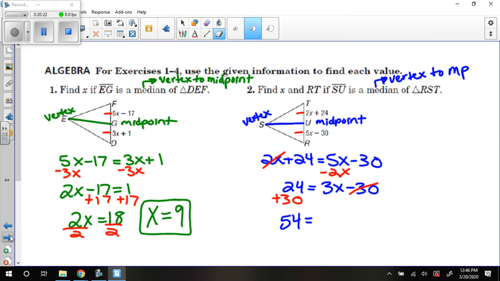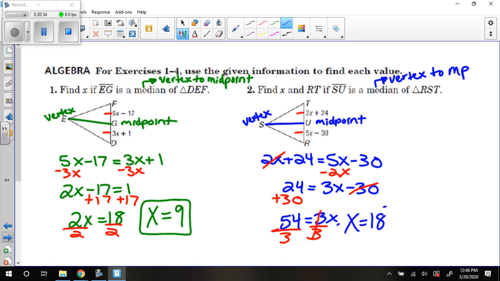Hold on, let me fix my 3x. And we can divide by 3. So x is 18. And that's part of our answer, but it also says to find RT.